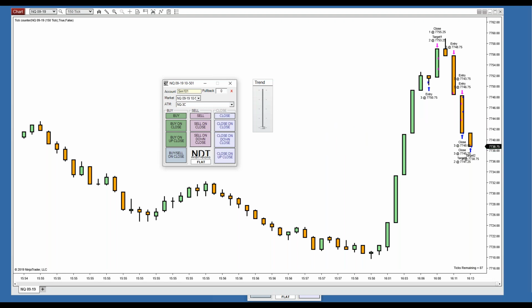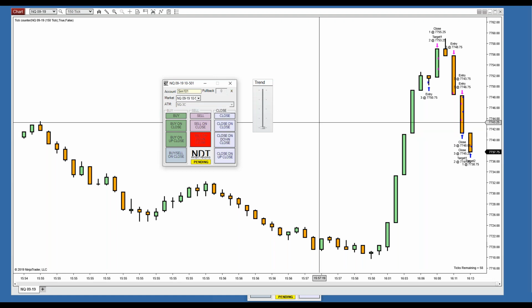Now let's wait till this goes. Hold on one second. Okay, now we're going to sell a down close. The trade's going to be pending, and we're going to wait until the tick counter comes down to 0.